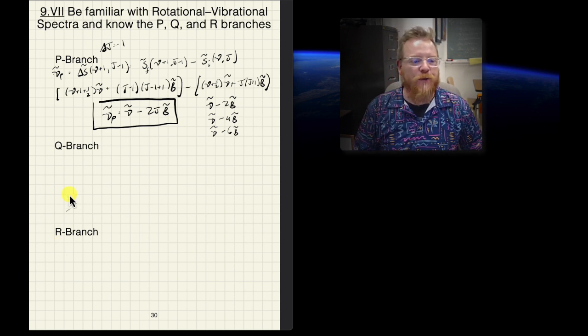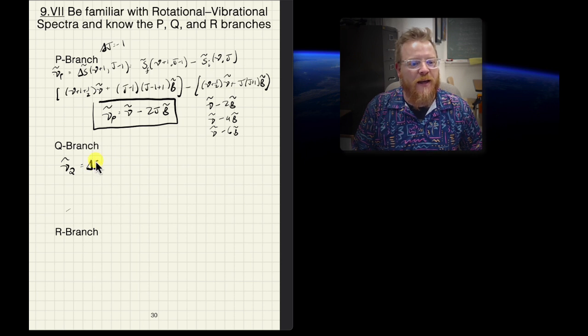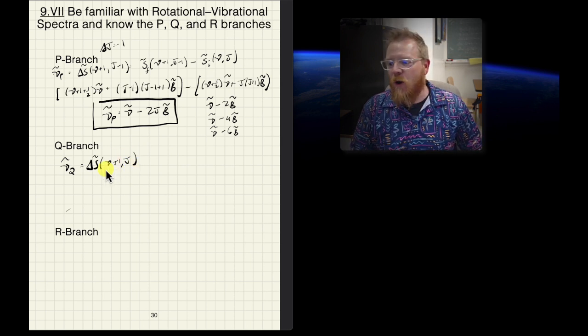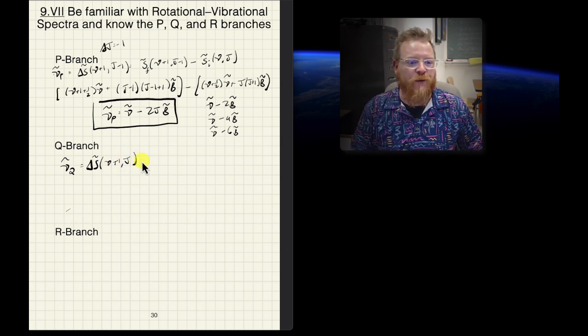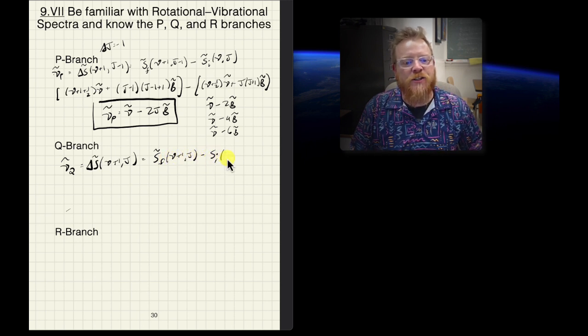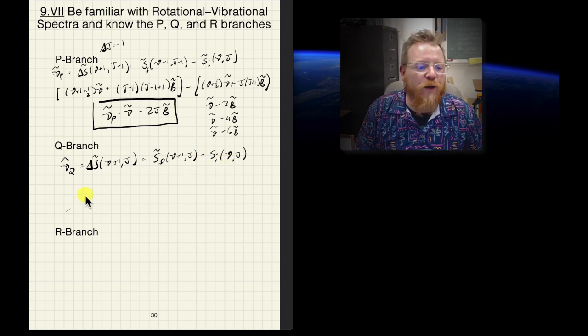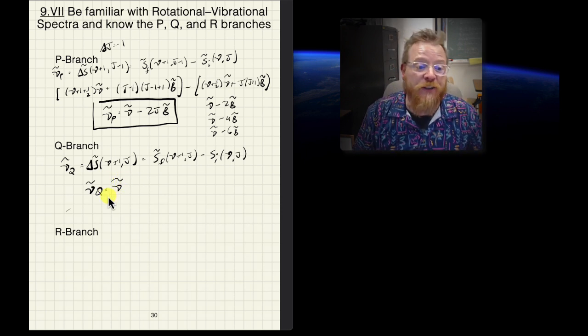Okay, so now if we were to do the same thing with the Q branch, let's get all of that put together. We know that that's going to be delta S of nu plus 1 times J. Because no J values change there, the only thing that changes are the nu values. So now that means my S final state is nu plus 1 and J, minus my S initial state, which is just nu and J. So when I plug all of those in, because J is not changing, hopefully what you recognize is the Q branch just equals the vibrational constant.